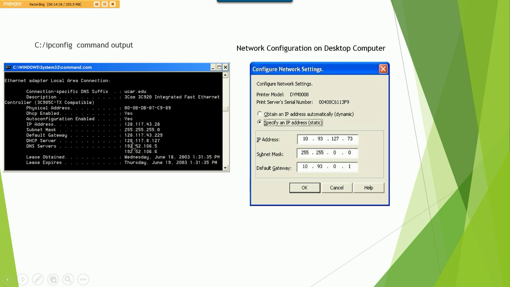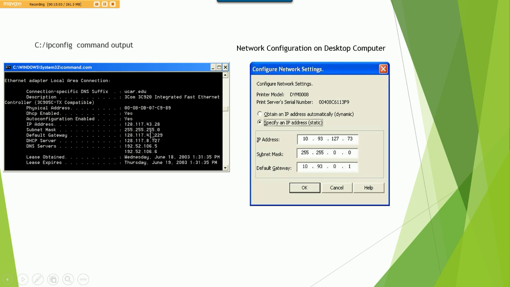Now we have a DHCP server which actually supplied this information to this computer. He is on a different network. He's on the 128.117.8.127 network. The reason we know he's on another network is that we have a /24 network for this computer and the default gateway.